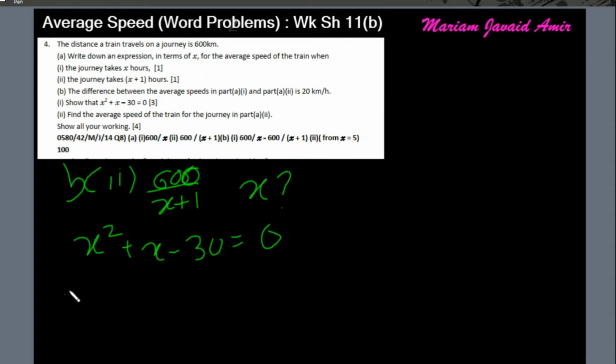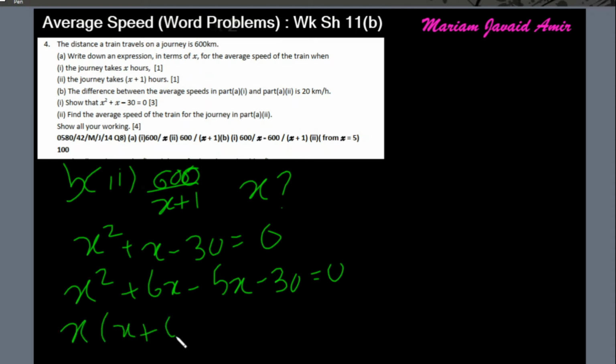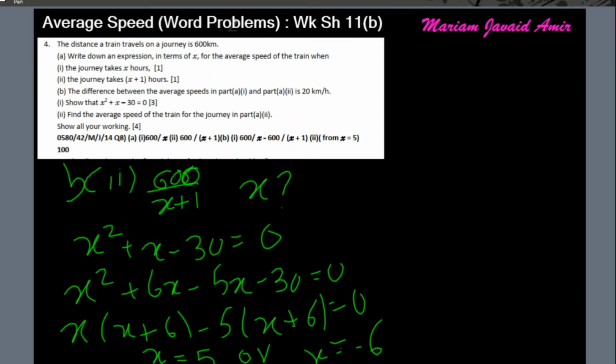We'll use factorization. So x square plus 6x minus 5x minus 30 equals 0. x is common, x plus 6 minus 5 is common, x plus 6 equals 0, x equals 5 or x equals minus 6. This is the solution of the quadratic equation.